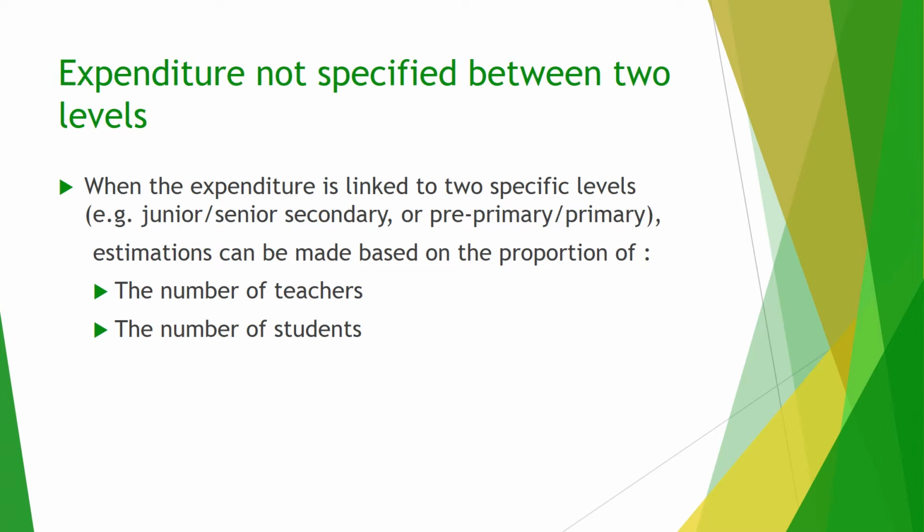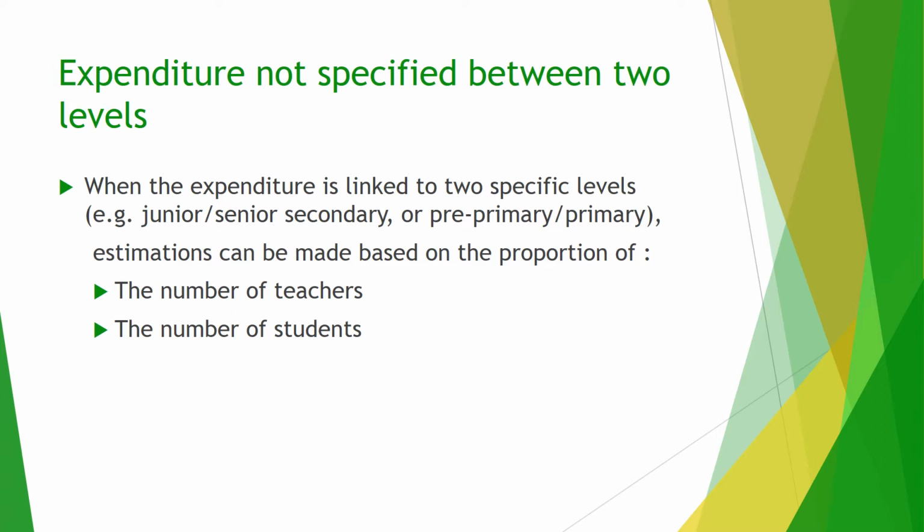In that case, some estimations can be made based on the proportion of the number of teachers or the number of students. For instance, if we have a core of teachers for secondary with no clear information on which teachers are teaching in junior secondary or in senior secondary, we may use the number of students to estimate the number of teachers teaching in one level or the other.